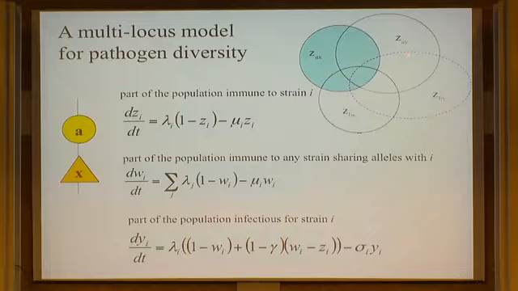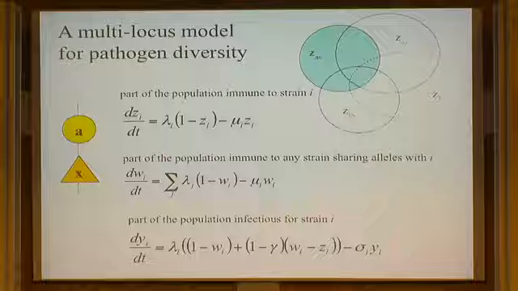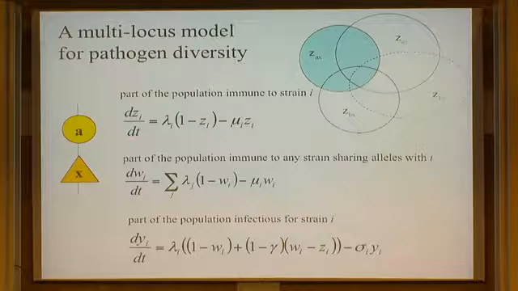This is important because when you're calculating the part of the population that's infectious with strain I, the way you do that is by saying, well, anyone who's never seen anything that remotely looks like AX is obviously fully susceptible. And then those individuals who have been exposed to something that looks like AX or shares any one of the alleles of AX, but not AX itself, have some form of immunity to AX.